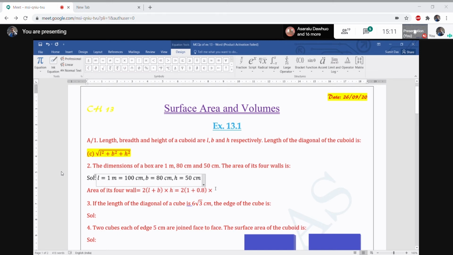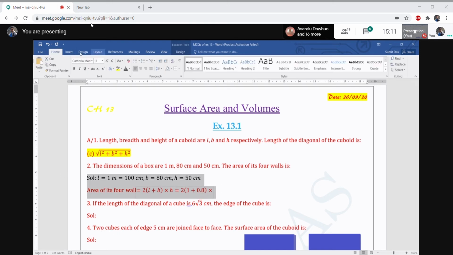Your options are given in centimeter, so we have to put in centimeter. 100 plus 80, and height is 50. So 2 into 100 plus 80 is 180, I mean 160.